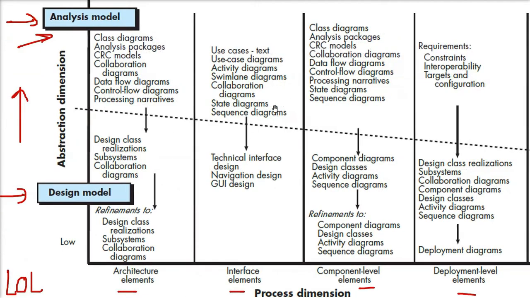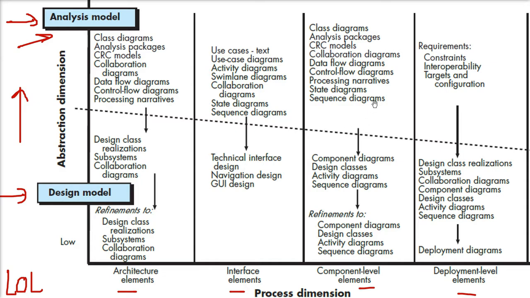In the interface elements also, you made use case diagram, activity, swim lane, collaboration, state, sequence diagrams. So how do you translate it? How do you actually give information so that it can directly be coded? This is the interface element. For example, GUI design you do here, navigation design, the technical interface design.